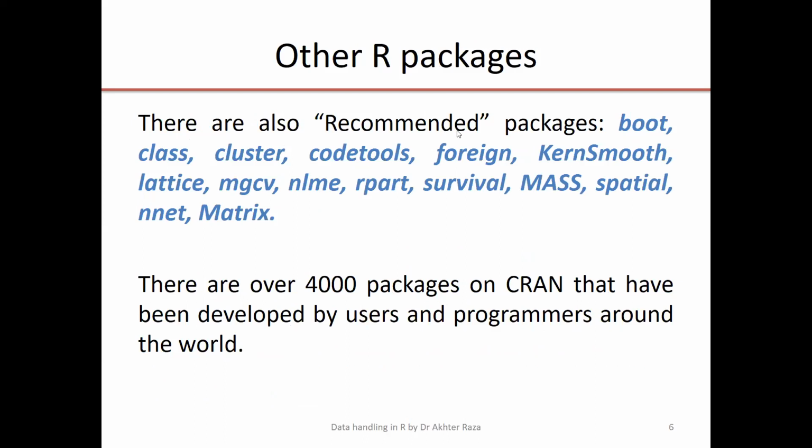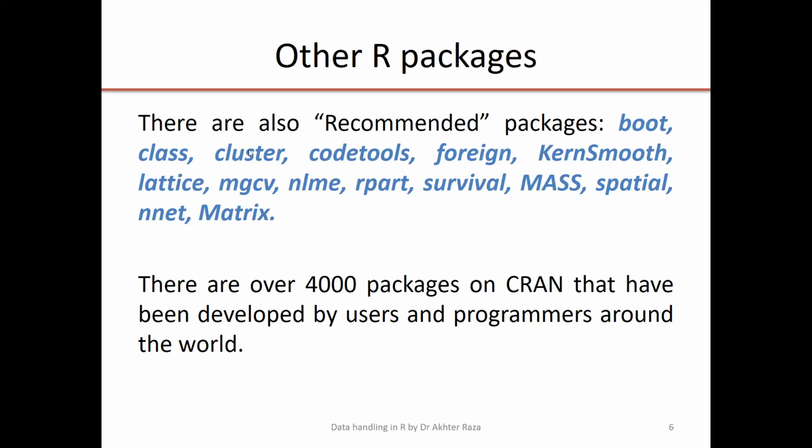Other packages are external libraries, about 4,000 packages on CRAN that have been developed by users and programmers around the world. For example, there is a library used for classification models and cluster analysis.